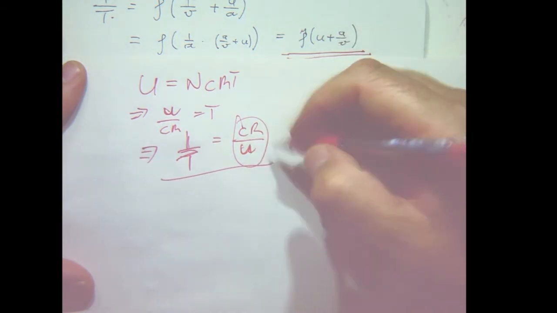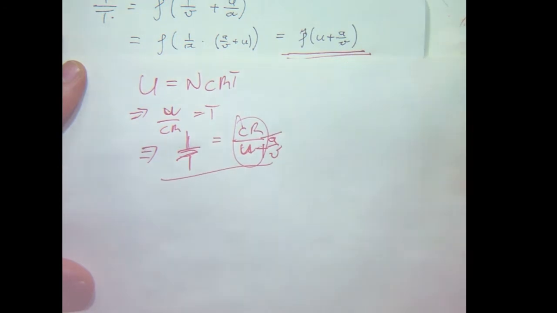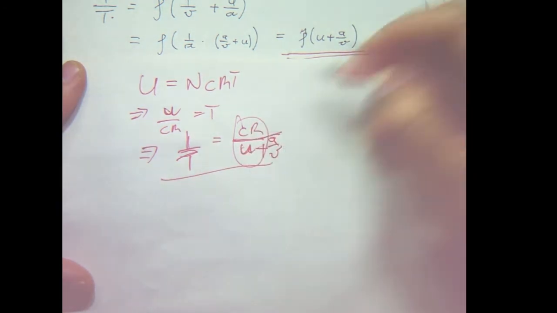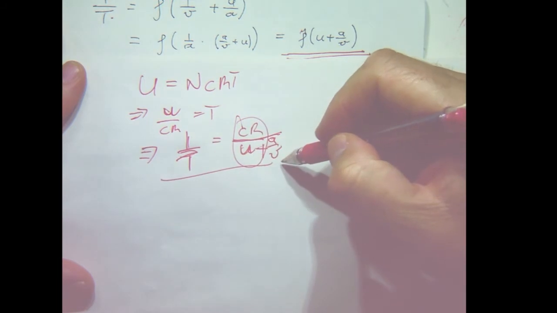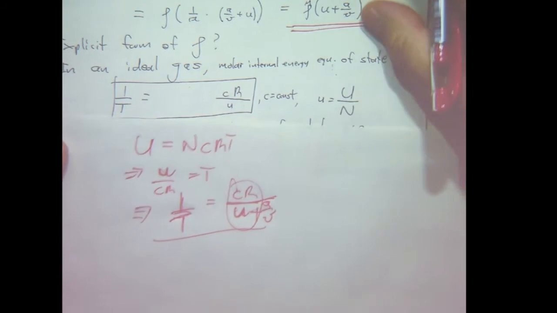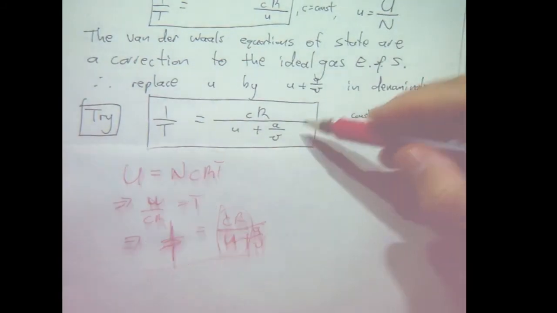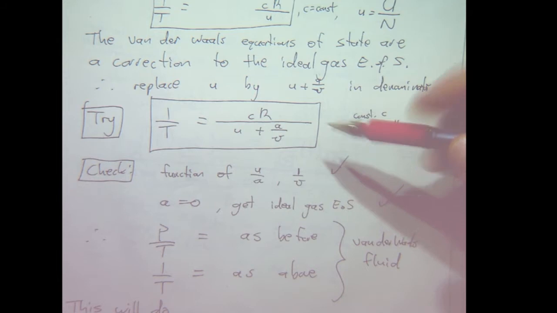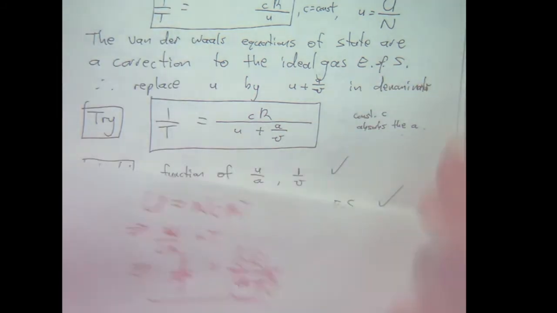Just replace u with u plus a/v. That's the physical argument of what must be the form of 1/T. The last part is physical. So we try that, and this is going to be correct.